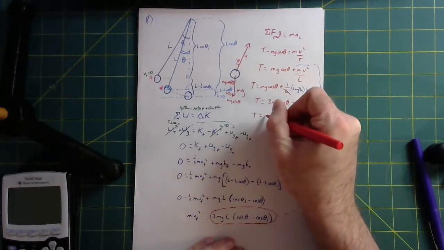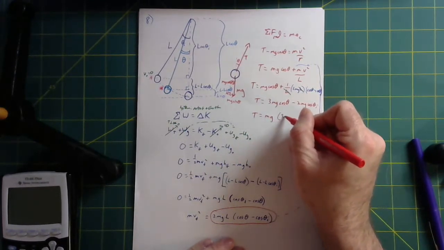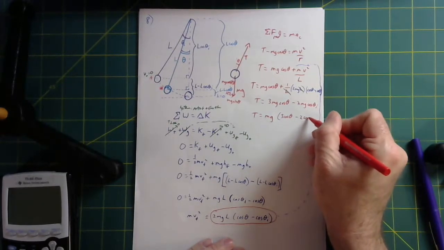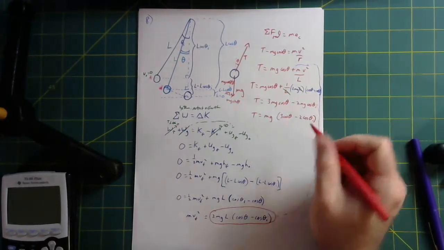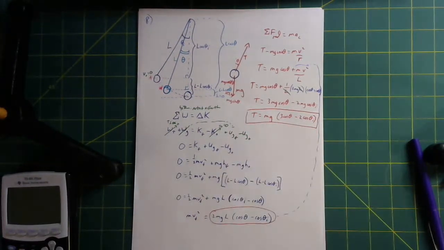So my tension will be mg times 3 cosine theta minus 2 cosine theta I. And that is what we were supposed to show. Ta-da!